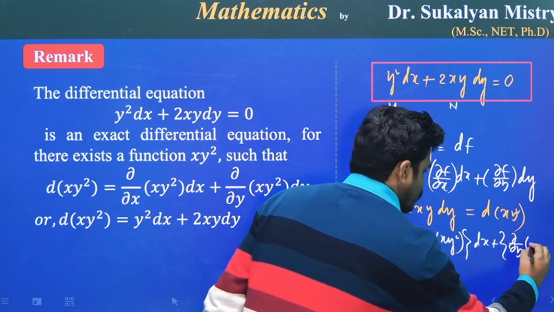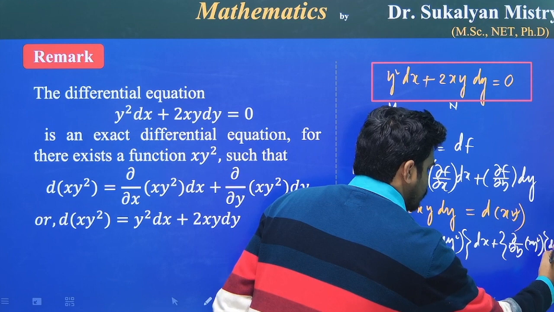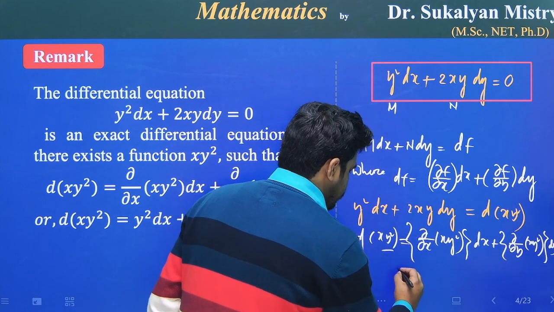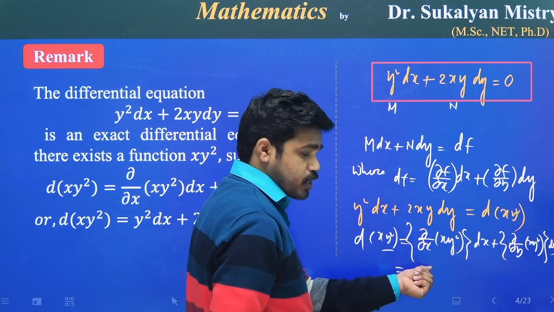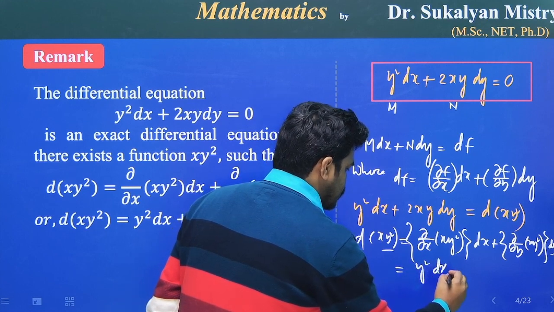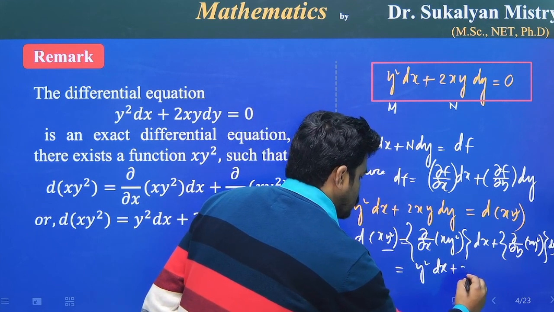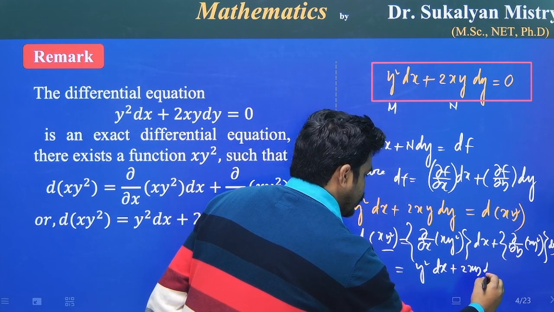F is xy square into dy, right? So xy square, if you take the partial derivative with respect to x, that is y square, so y square dx, and xy square with respect to y, that is 2xy dy.